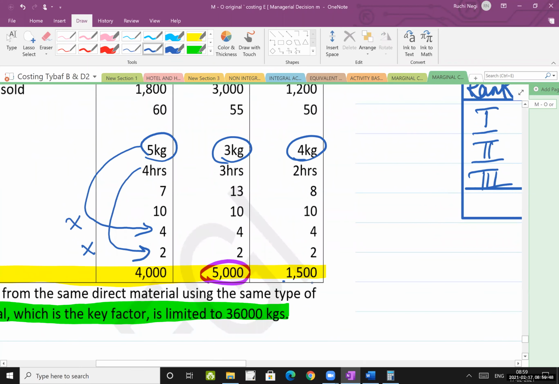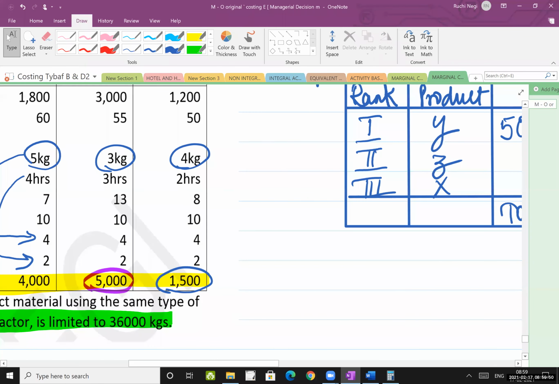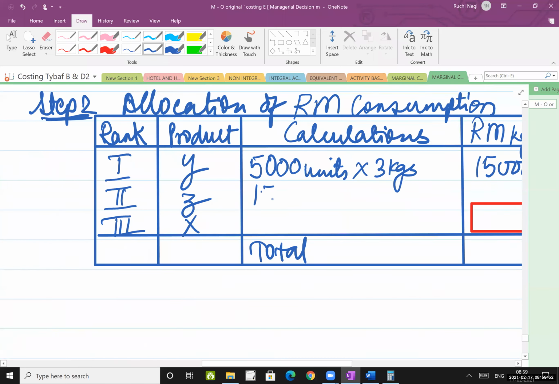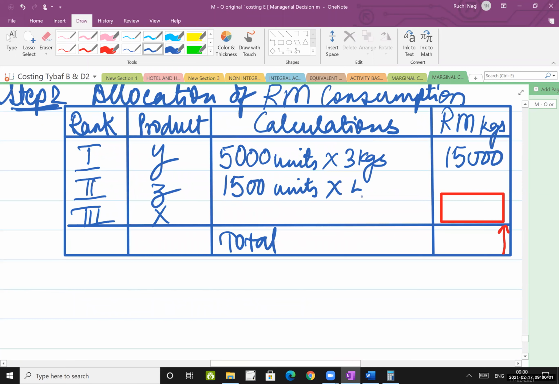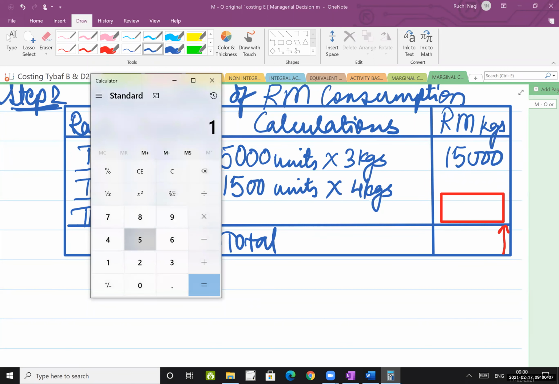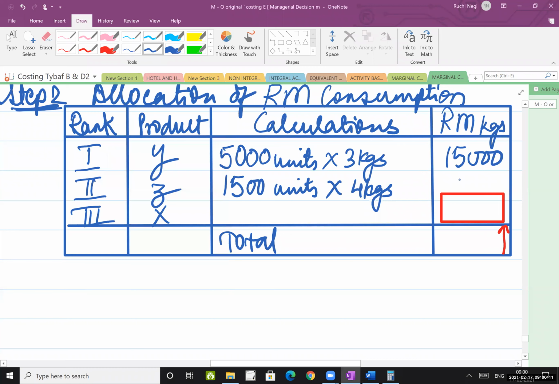Next is Z. How much? 1500. So 1500 units multiplied with 4 kgs, since one unit takes 4 kgs. So 1500 into 4, 6,000.